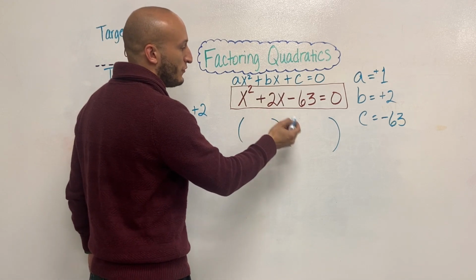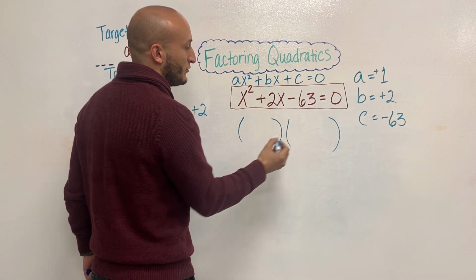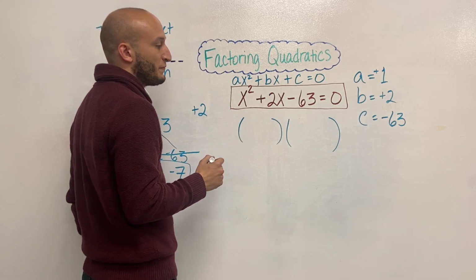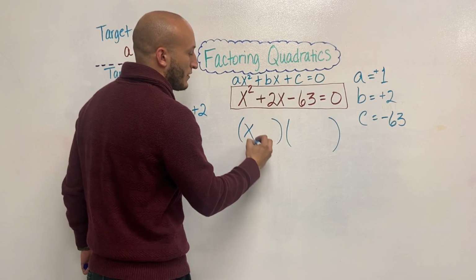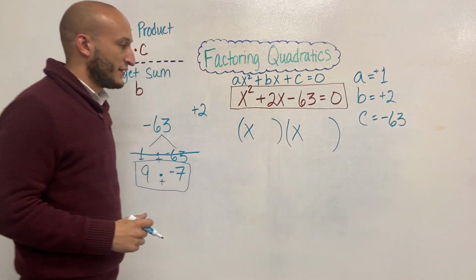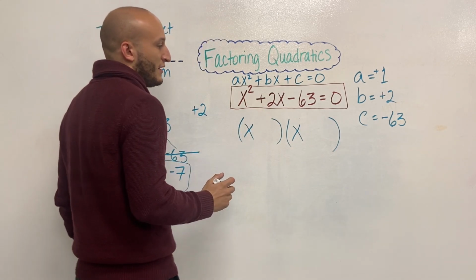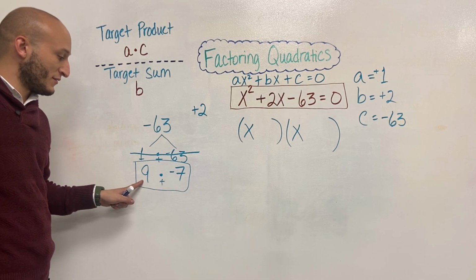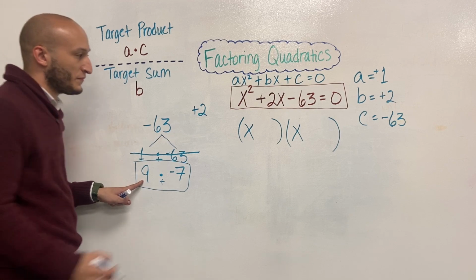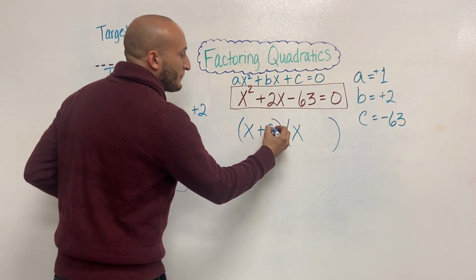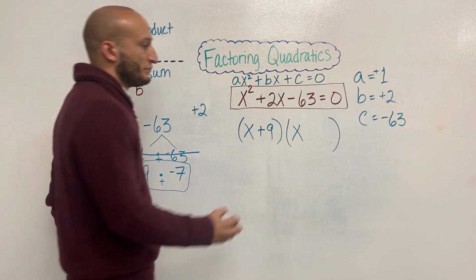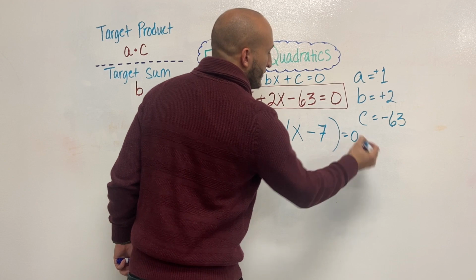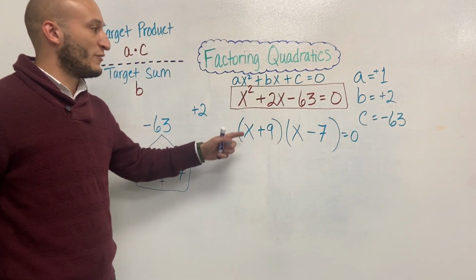If I were to FOIL this out, because I'm going to have two terms here, I should get this equation. So I can just write x and x on both. These are my two numbers, which I like to call the magic numbers. I have a positive 9, so I write plus 9, and a negative 7, and that equals 0. All I did was reverse FOIL.